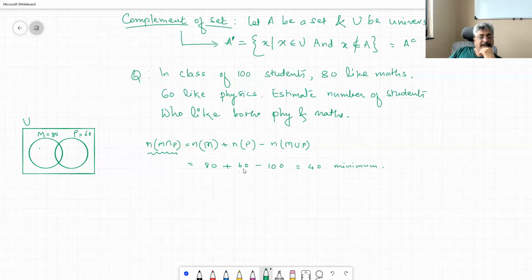However, all these 60 can go inside. I mean, this is the diagram for this. But you always can have all those who like physics, all of them like maths. This can be another case. So this is 60.